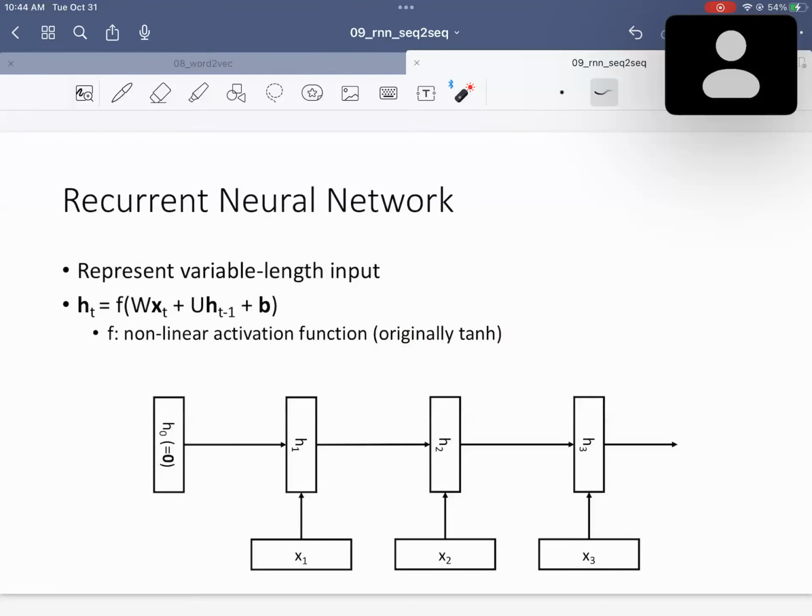If you have 3 inputs, you call this function 3 times, right? And note that I didn't specify what this input is. It could be a word, it could be sensor readings, it could be stock prices from 2 days ago, yesterday, today. It could be any sequence. Doesn't have to be words.